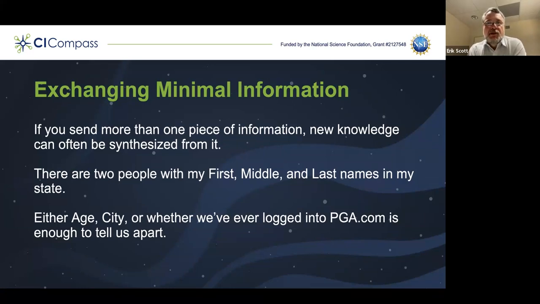If we send too much information, the danger is that we're going to start leaking things that we don't necessarily want to be public. I don't necessarily want the entire internet to know what my home address is.